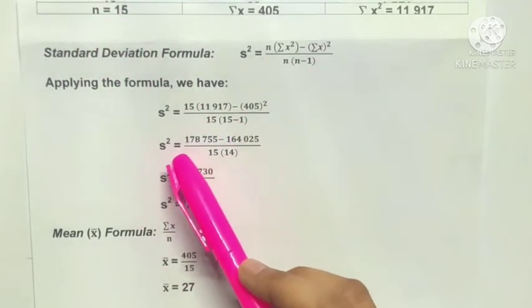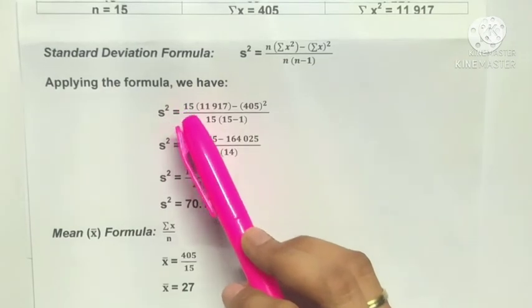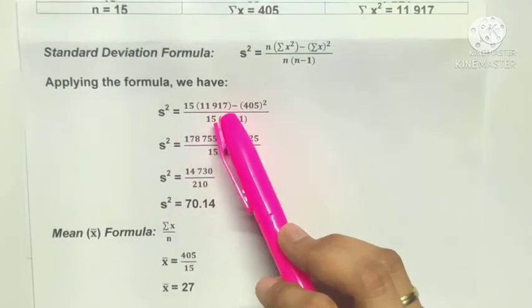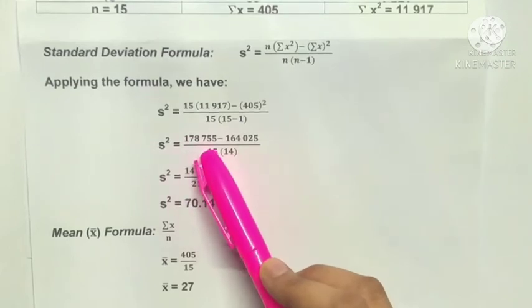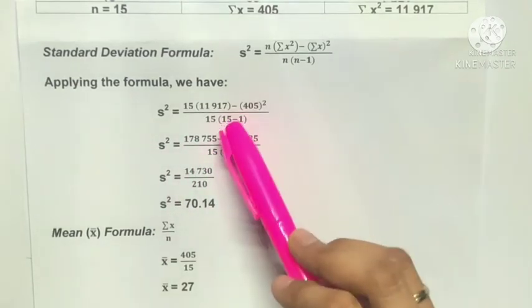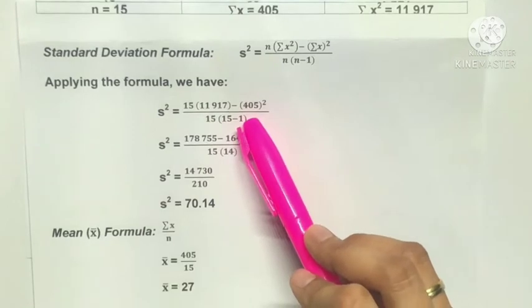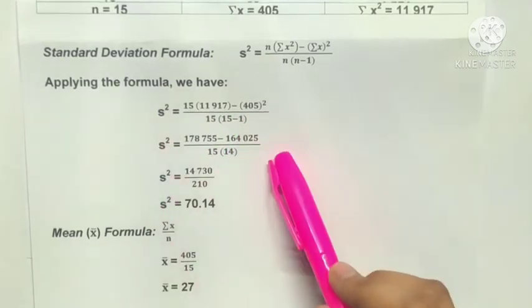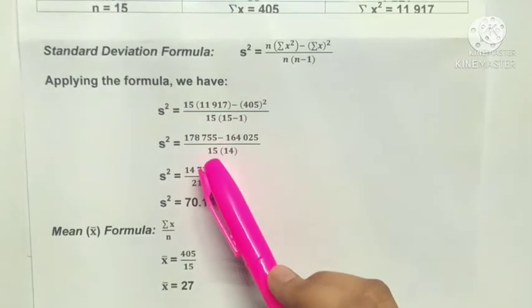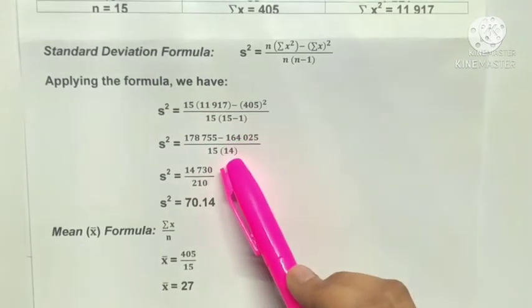So s squared is equal to, if we multiply 15 by 11,917, we have the product of 178,755 minus 405 times 405 is 164,025 over, so we will copy 15, 15 minus 1 is 14.